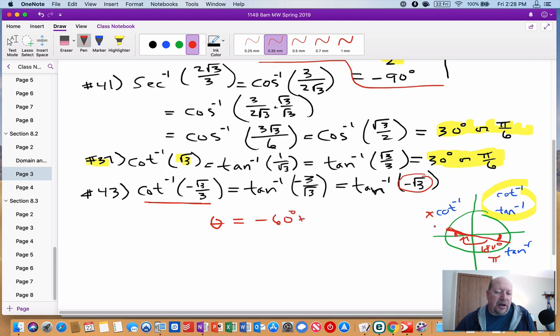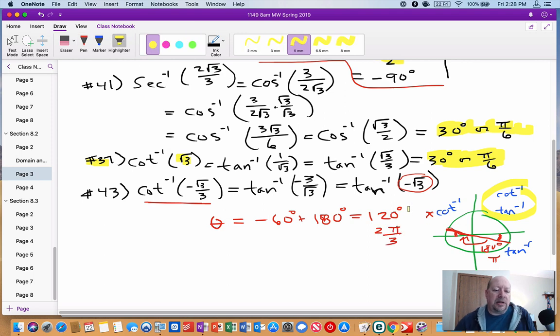But if we want to find out what the inverse cotangent would give us, which is what we need to do, we're going to have to add 180 degrees to that. And that would give us a 120 degree angle. So it's 120, or if you look on your unit circle, that's 2 pi over 3.